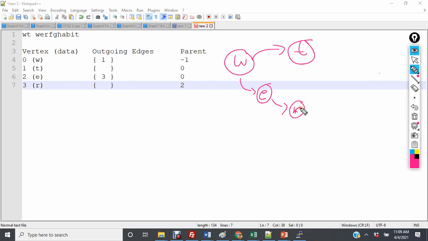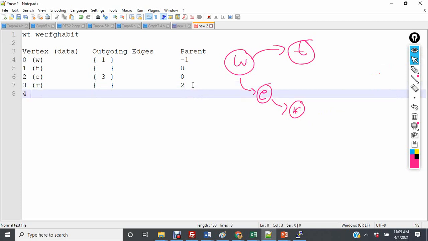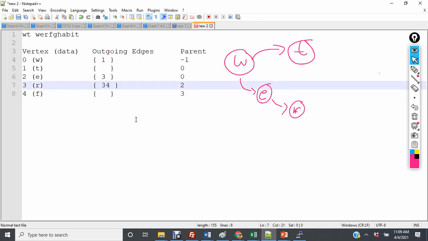That should be R. Now we're going to insert F. So at F, we are now going to have no outgoing edge. Its parent is 3, and that means we have an edge from 3 to 4 for R and F. So the outgoing edge here is going to be 4.